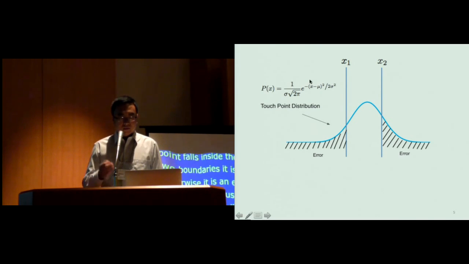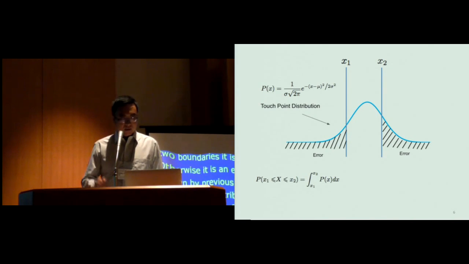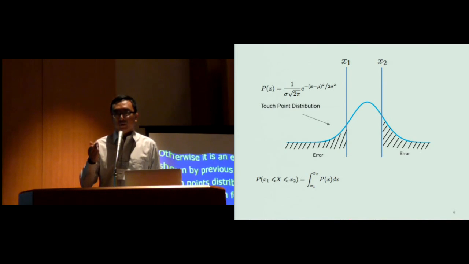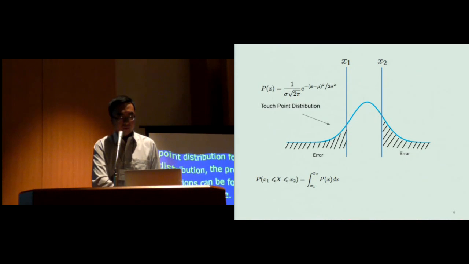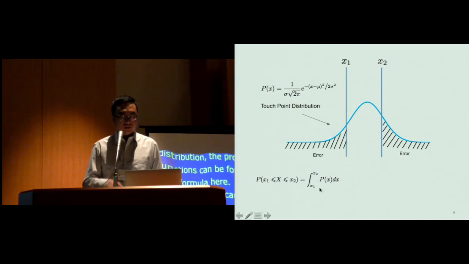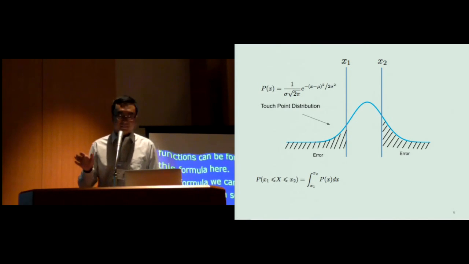Based on this formula, we know that the success rate of selecting this target is equivalent to the probability that the touch point falls inside the target. We can do a simple integration here. It's an integral of the PDF from x1 to x2, where x1 and x2 are the two boundaries of the target.